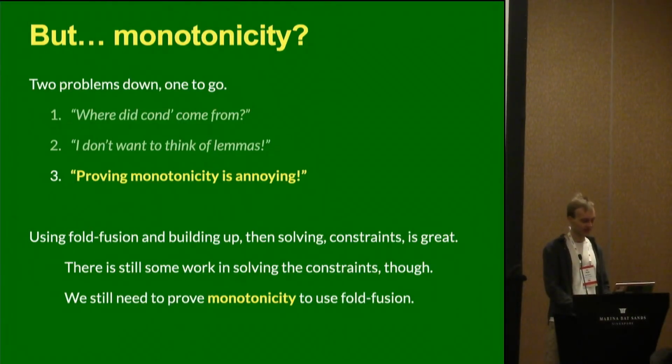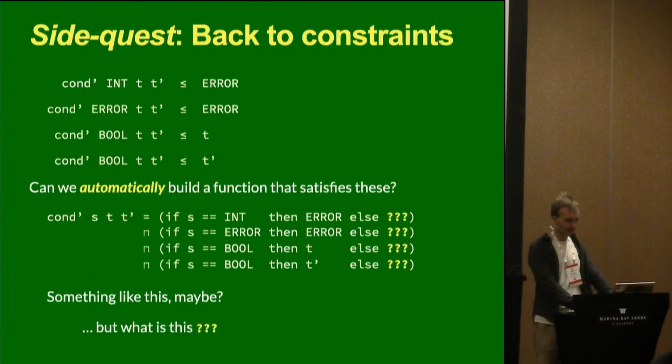Monotonicity is still kind of annoying though. So, 2 out of 3 so far, but actually this monotonicity proof that we have to do for each of these operators takes more time than I would like. So let's have a look at that. Let's take a bit of a roundabout way.